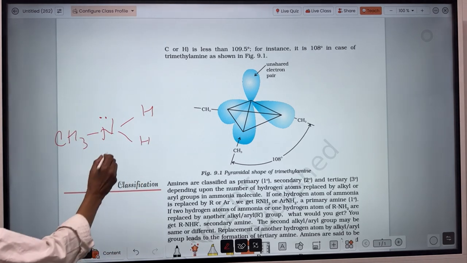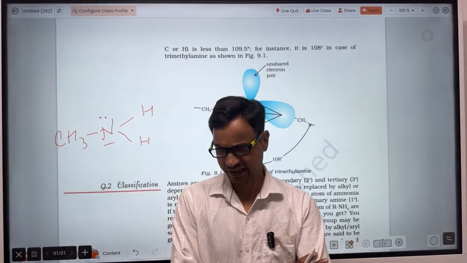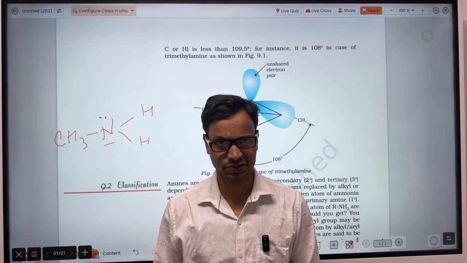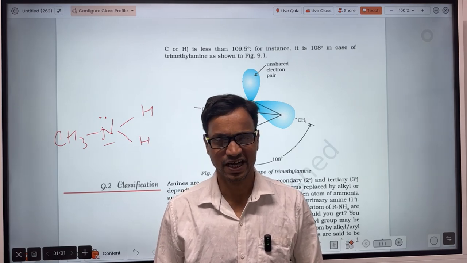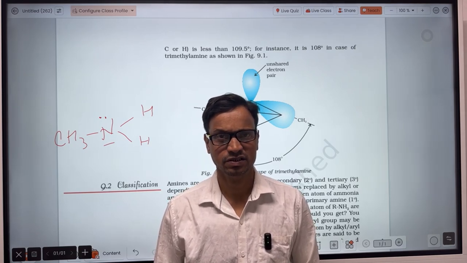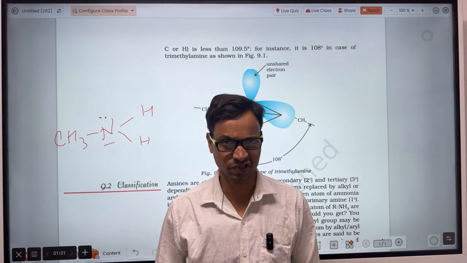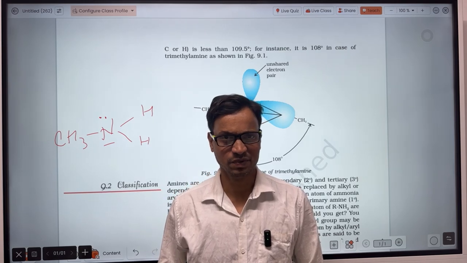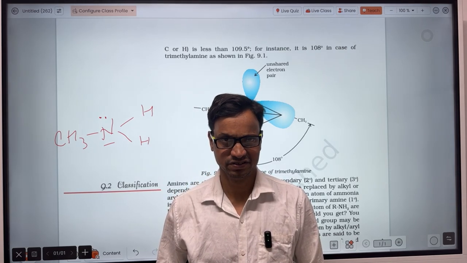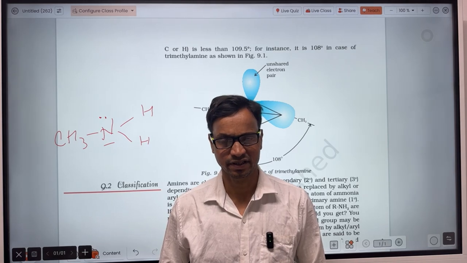Whenever you have to predict the hybridization of a central atom or any atom, you have to watch out how many sigma bonds that atom is forming and how many lone pairs of electrons it contains.